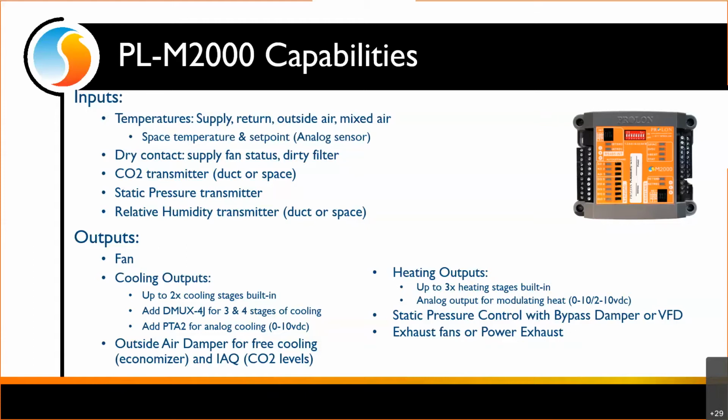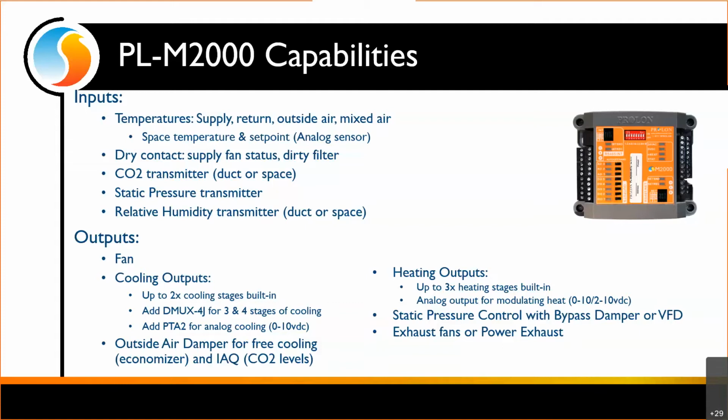Additionally, to this controller, we also have a dry filter contact as well. So if we want to monitor the filter in the unit and see if it's clean or dirty, simply using a differential pressure switch, we can achieve that. We are able to connect a CO2 transmitter, whether it's a duct transmitter or a space transmitter, for CO2 levels.